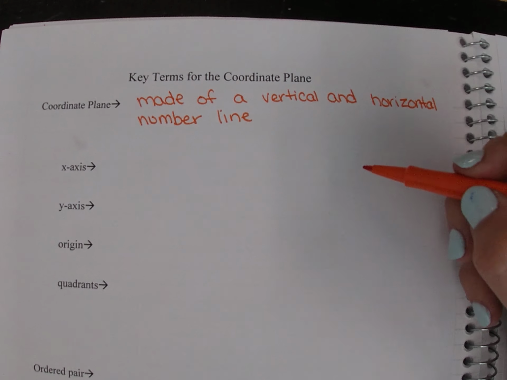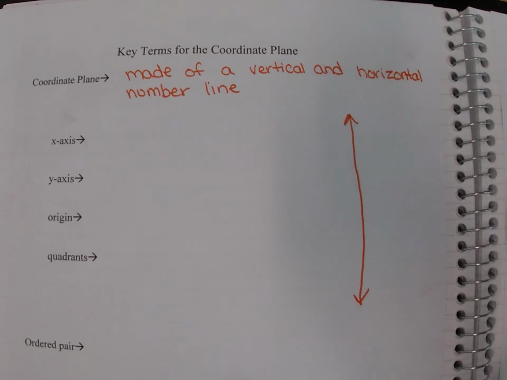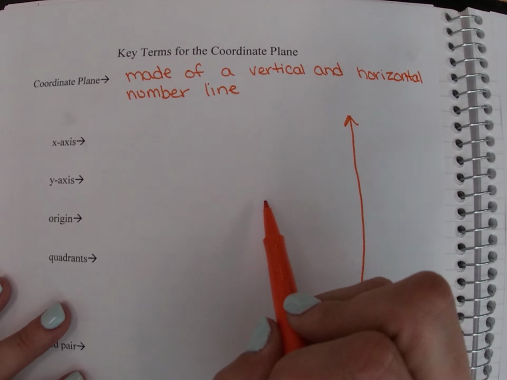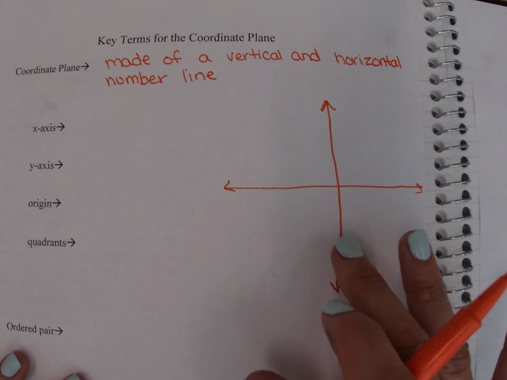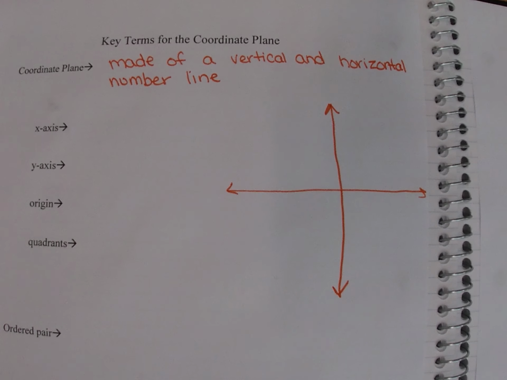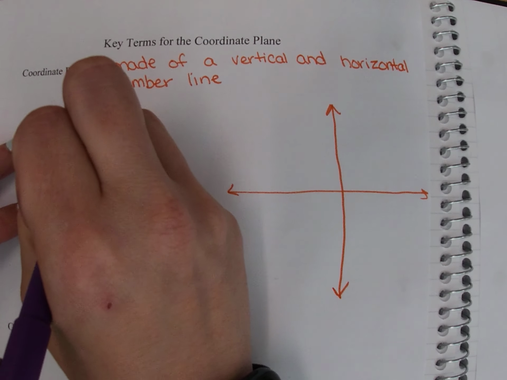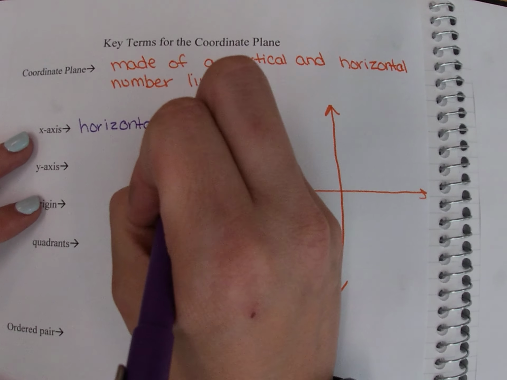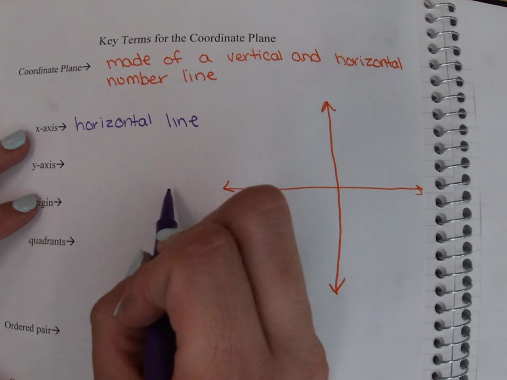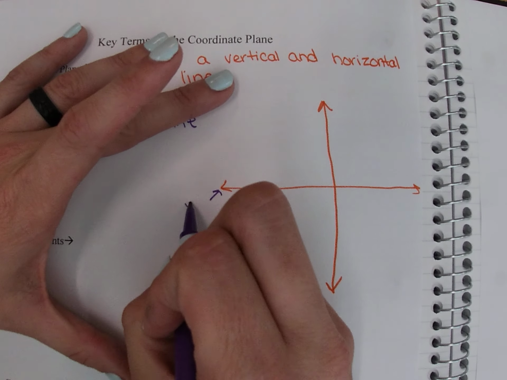Okay, and so when we make 2 number lines and we make one that is vertical, that's a terrible vertical line, but pretend, and we make one that is horizontal, okay, this is what we get. This is our coordinate plane, okay, where the x-axis is our horizontal number line. Okay, so this one that's going this way, horizontal is right and left, is our x-axis.